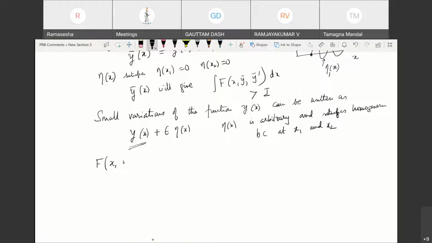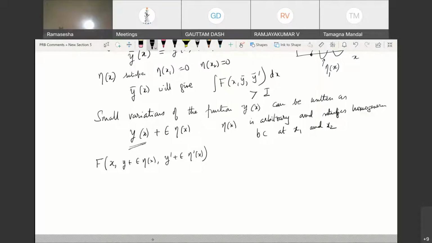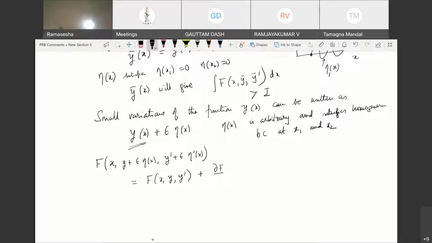Okay, and this I can find along the prime. If it is that, it's just like expanding f of x, y, z, except that instead of that you have y. So this is f of x, y prime plus del f by del y epsilon eta x plus del f by del y prime epsilon eta prime.